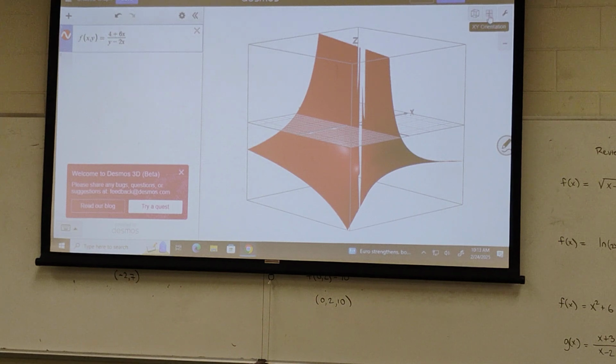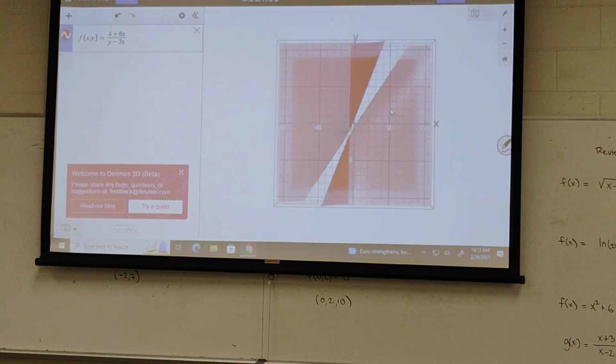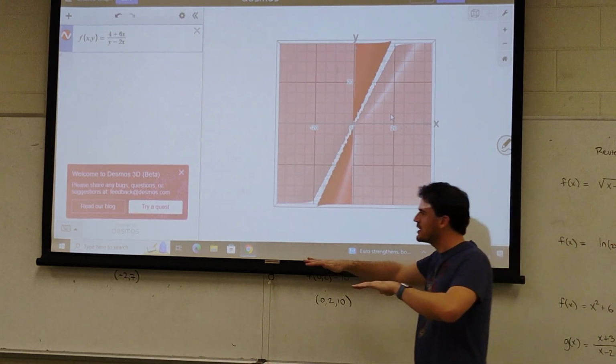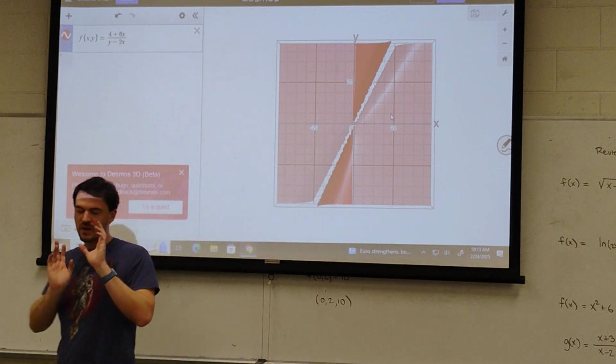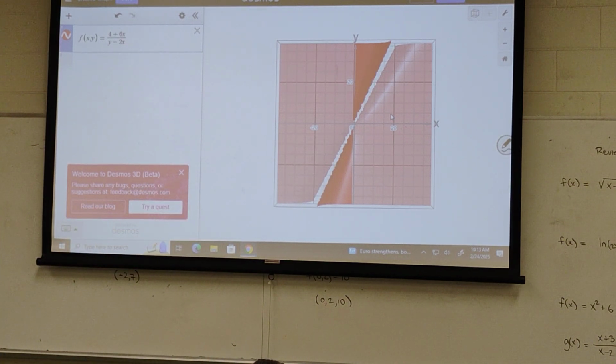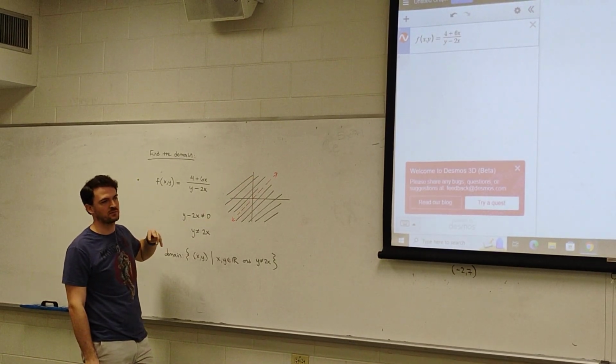Go to your bird's eye view. And you can see the domain, again, is a set of 2D coordinates. The best way to see the domain is just pop down, look at the XY view. And notice, you can plug in anything. You will always get a Z coordinate everywhere except along the line y equals 2x.